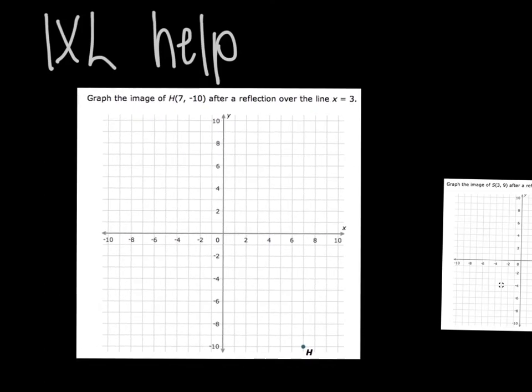So you need to find that line. Remember, X is talking about those X coordinates. So your line of reflection is going to be right here. And then your point is going to be the distance away. So 1, 2, 3, 4 away. Your point is going to be there, H prime.